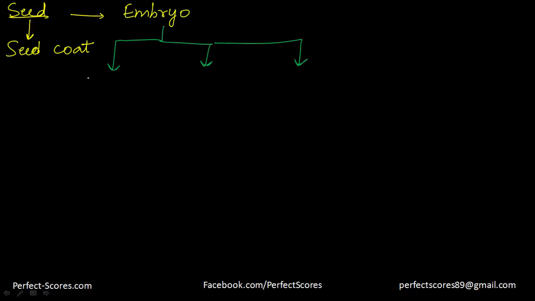The embryo is first of all made up of the radicle, which is going to give rise to the root later on. It is made up of the embryonal axis, and it is made up of cotyledons.